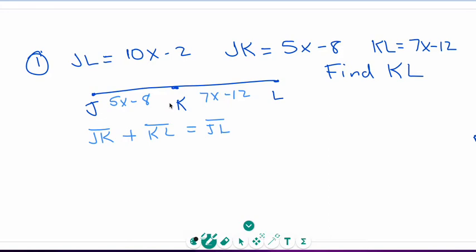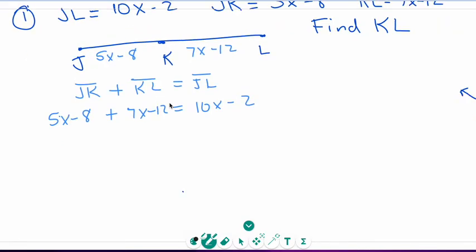JK is equal to 5x minus 8 plus KL is 7x minus 12 is equal to JL, which is 10x minus 2.